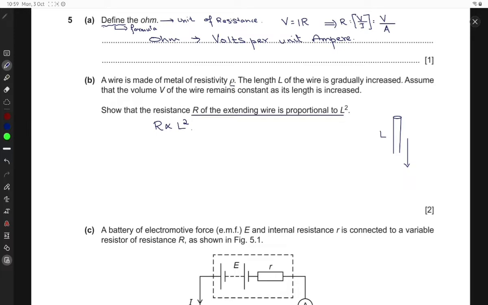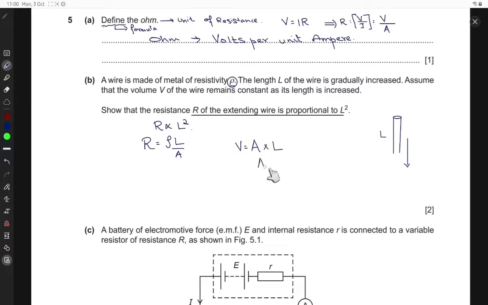So, we know resistivity as rho. So we have an expression that defines the resistance and how it depends on the material. So R equals rho L by A: it depends on the resistivity of the material, it depends on the length, and inversely on the area. This is the expression for resistance. And we know that volume is defined as the cross-sectional area of the wire times the length of the wire, right?